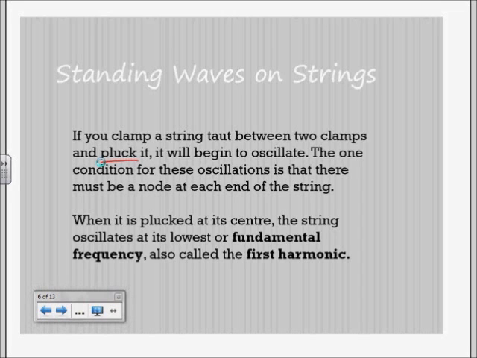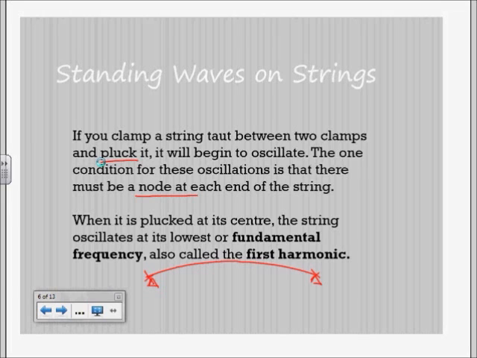This talks about plucking it. In our particular case, we had the oscillator putting the energy into the string. The one condition for these oscillations is that there must be a node at each end. If you've got a fixed point like a guitar string or a violin string, you've got a node there and a node there.